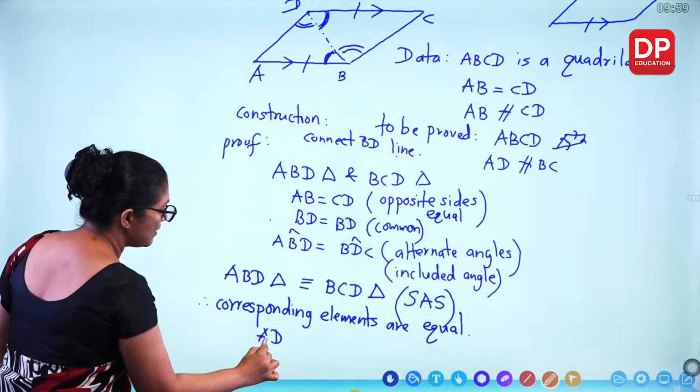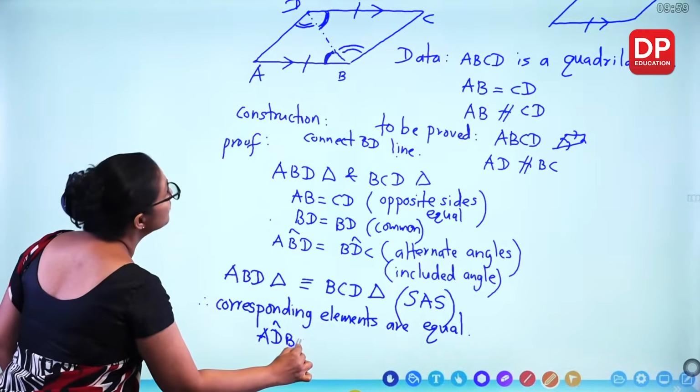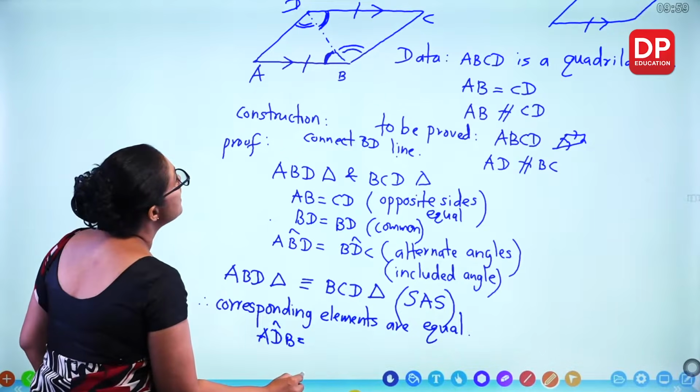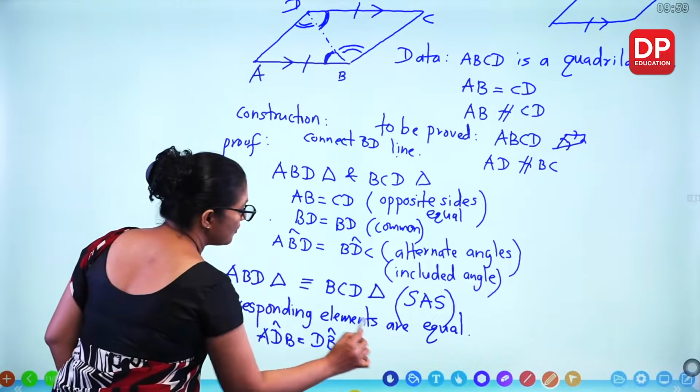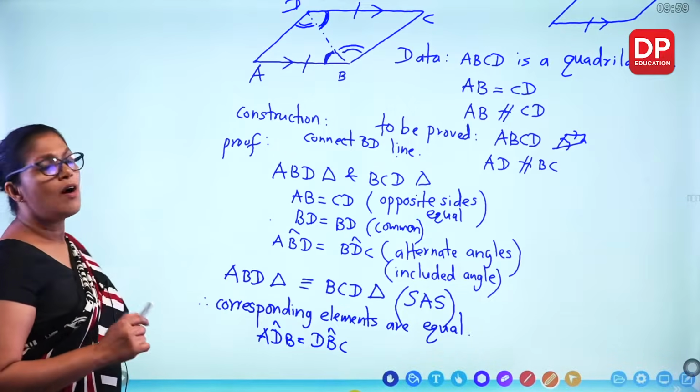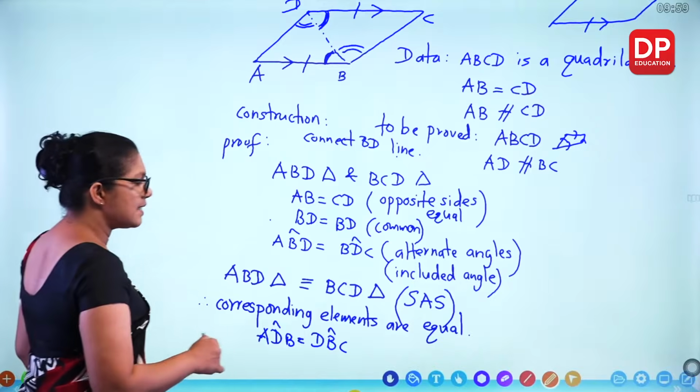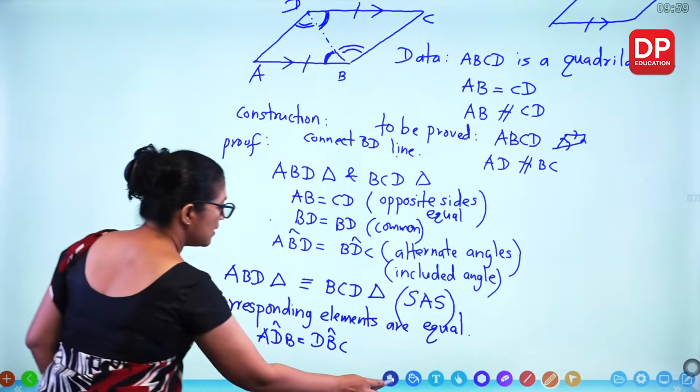Angle ADB is equal to angle DBC. But we know these are alternate angles.